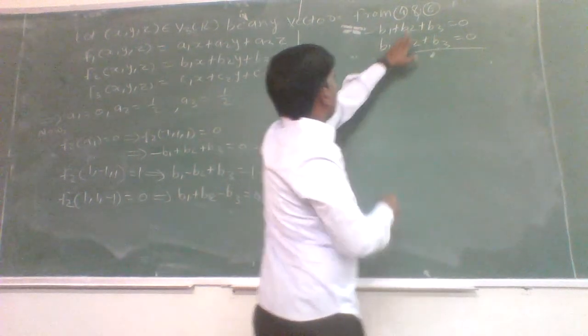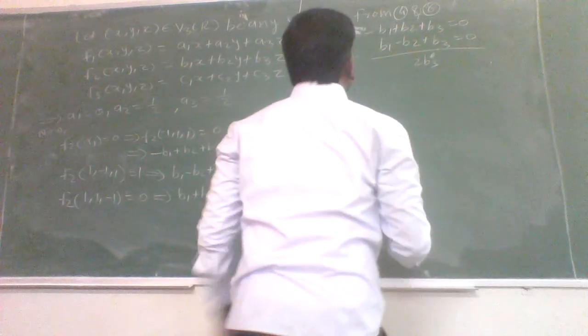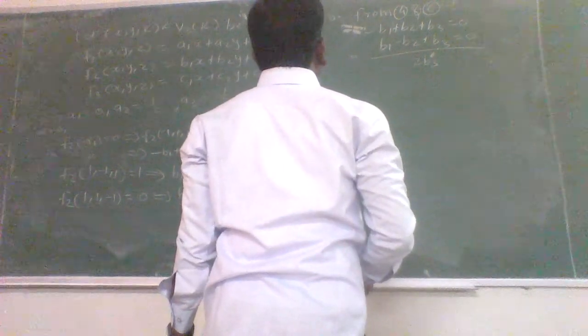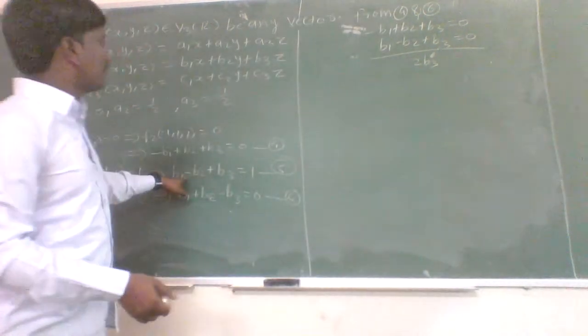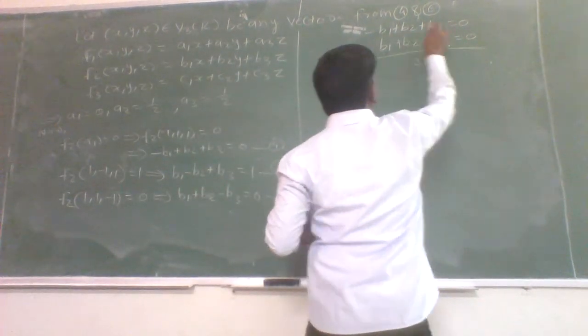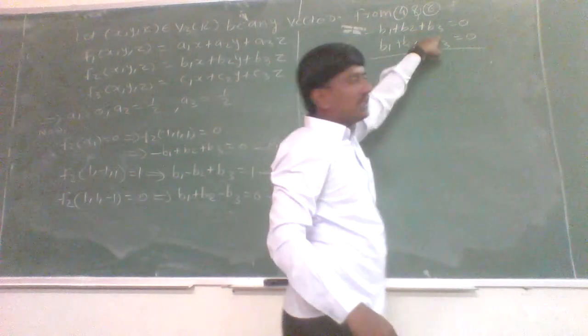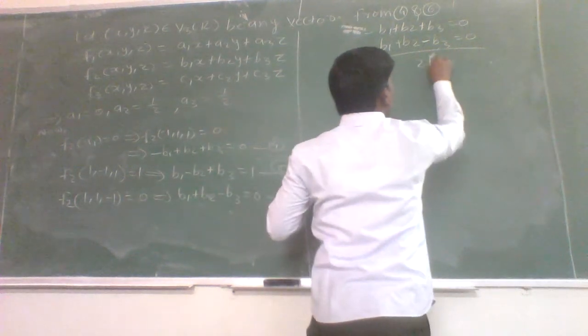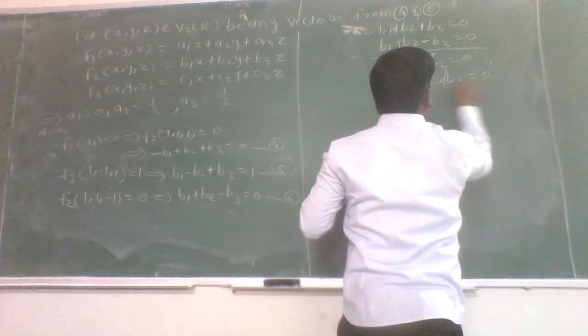Now adding these two, B1 B1 cancel and B3 B3 cancel. 2B2 will be equal to 0. From this, B2 equal to 0.